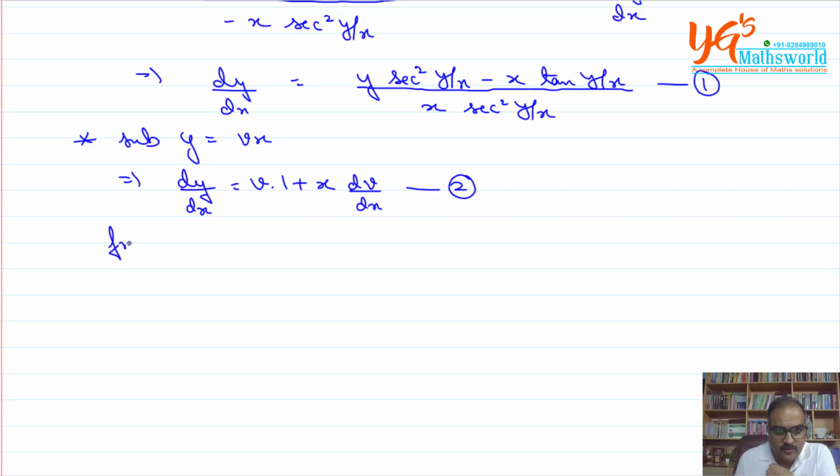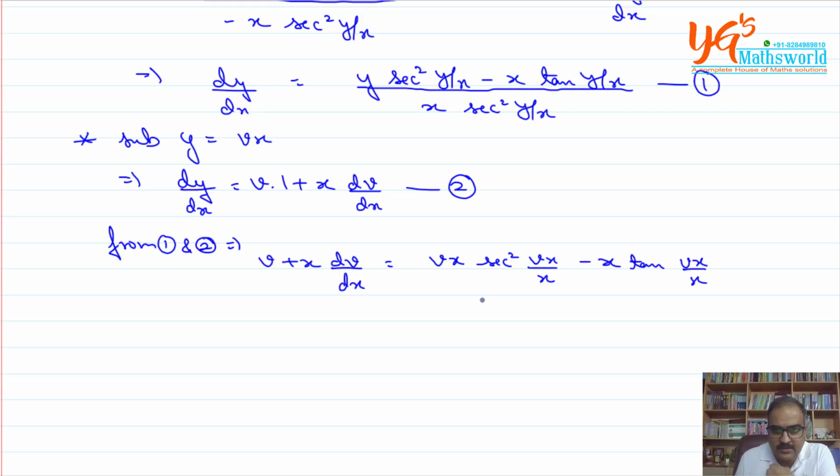So from 1 and 2 we get v plus x dv by dx is equal to y, which will be vx, into secant square vx over x minus x tan vx over x, divided by x into secant square vx over x.